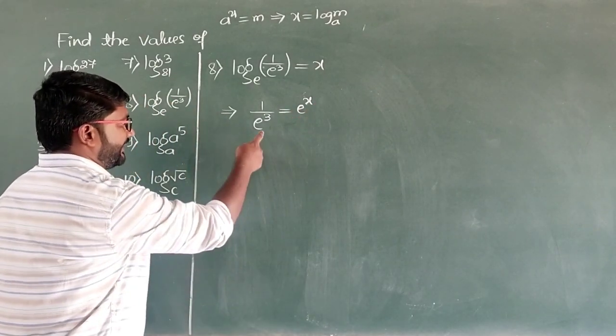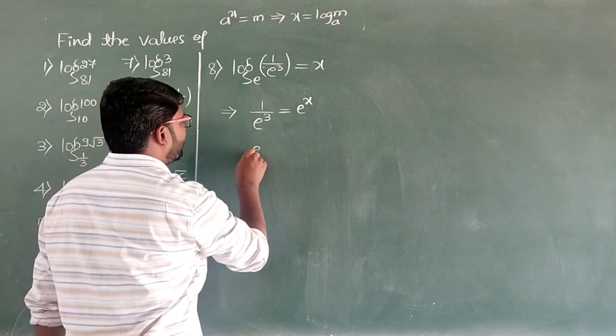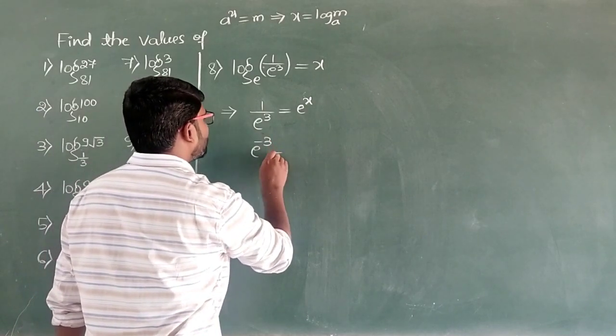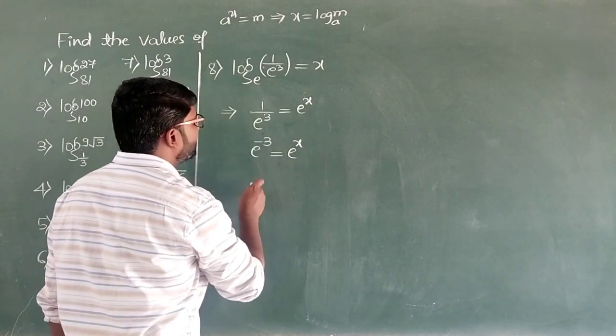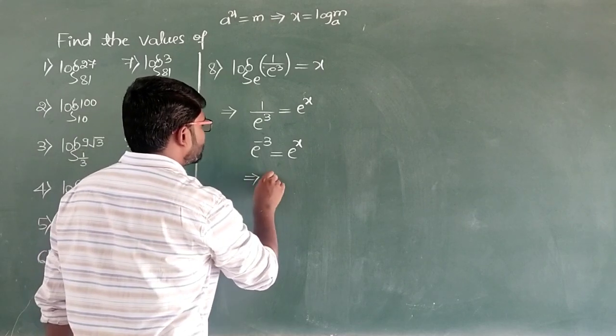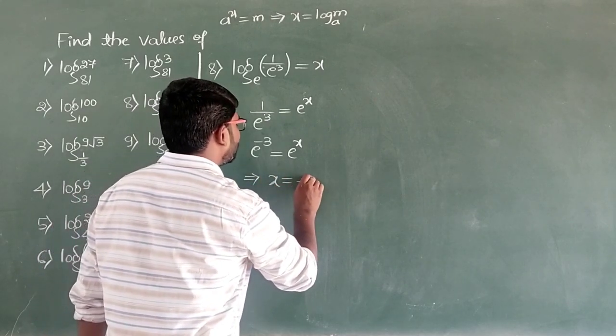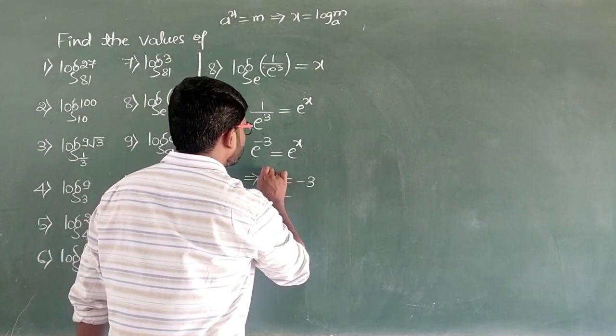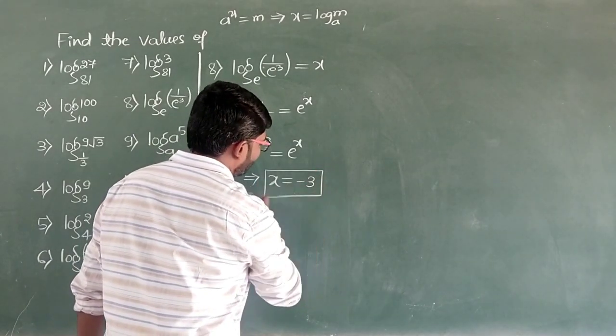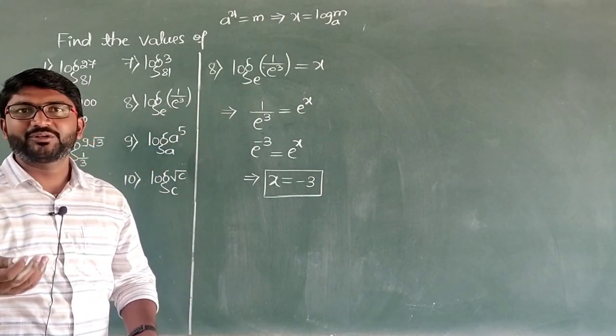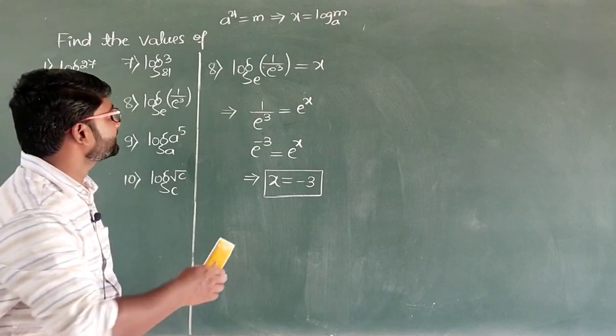Then now take this to the numerator. We get e raised to minus 3 is equals to e power x. You have the same base now. This implies x is equals to minus 3. This is the answer for question number 8. Note down this and then we'll move on to question number 9.